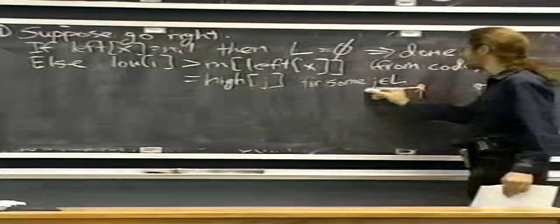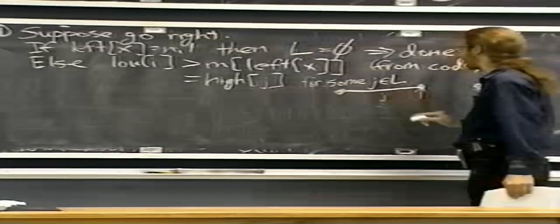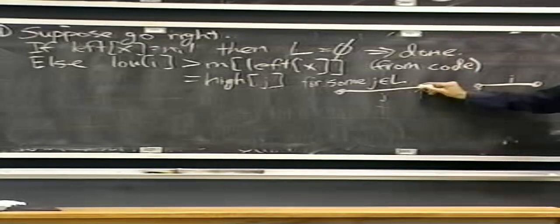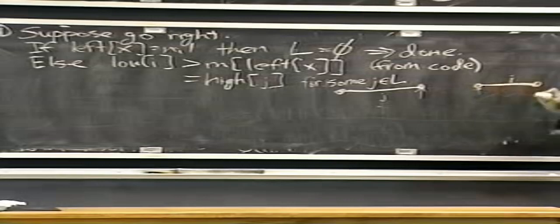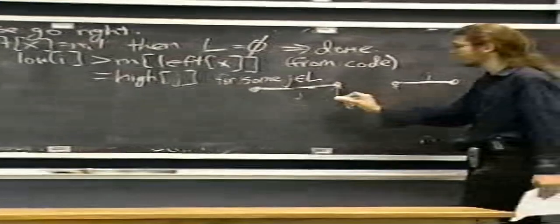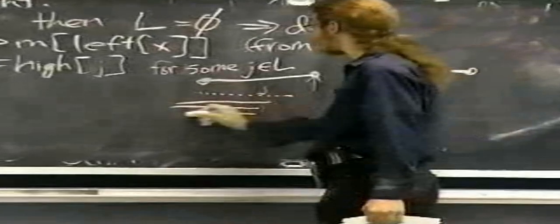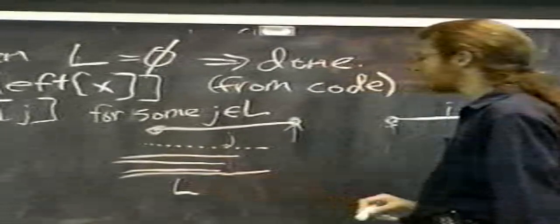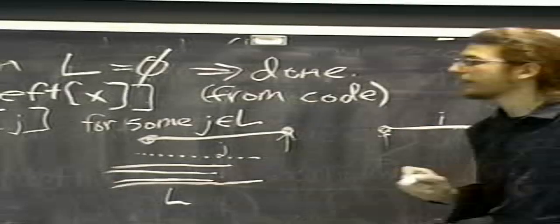So let's draw in j. Right, we know that the right endpoint, the high endpoint of j, is to the left of the low endpoint of I. And we know that j is the rightmost of all the guys in L. So all the guys in L are over here somewhere. They're all to the left of I. And that's what we want to prove.